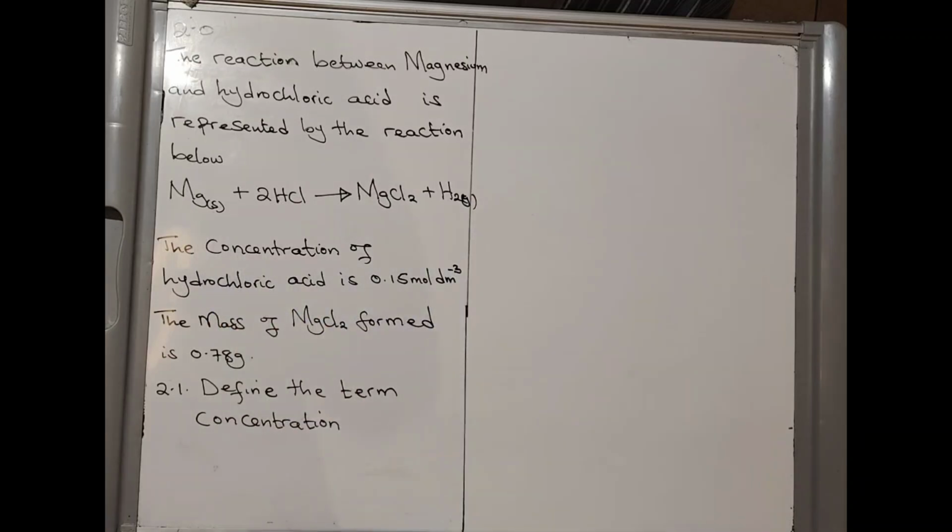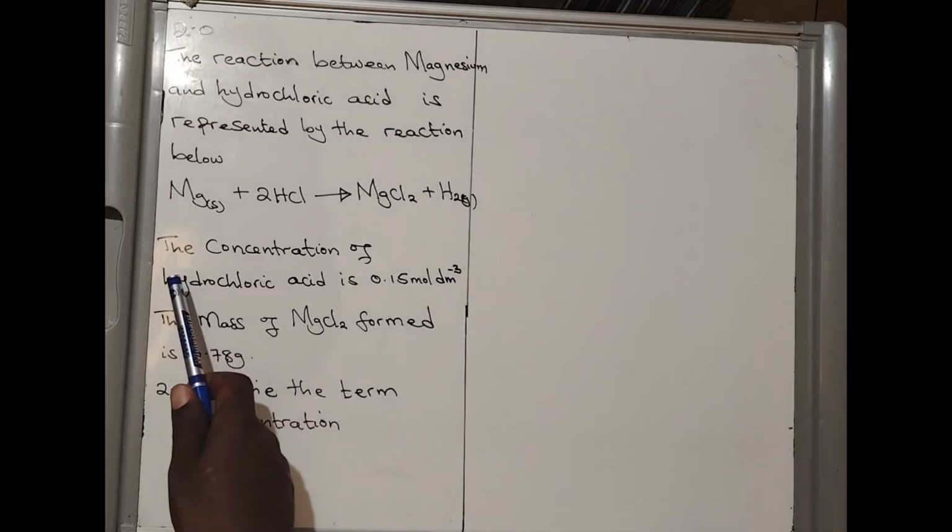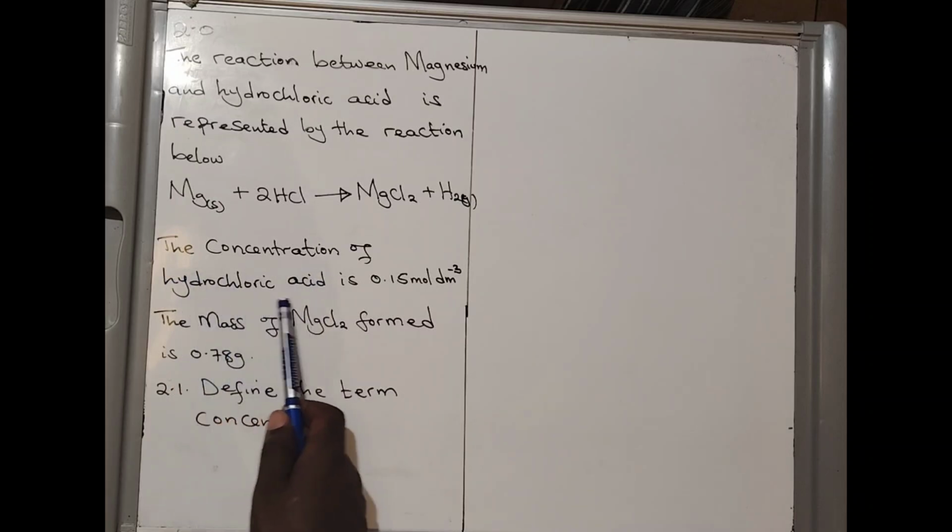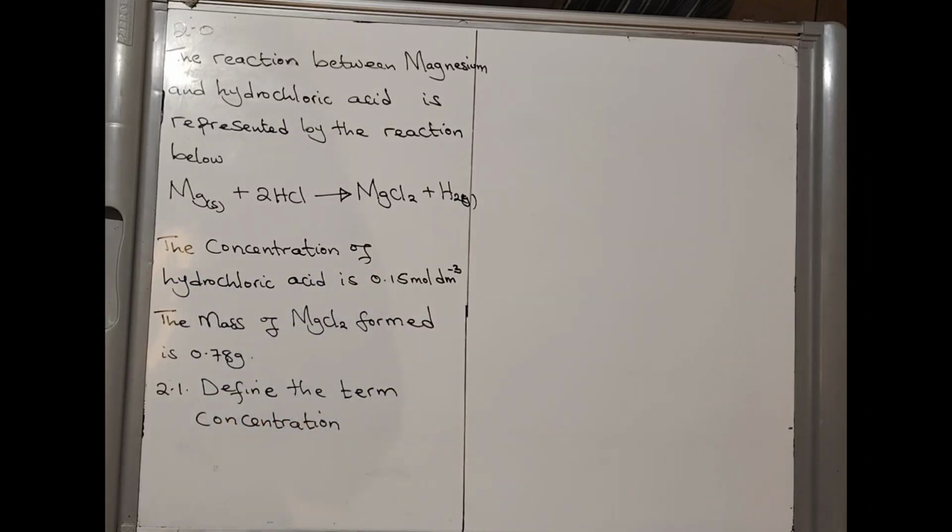So this is the equation. And the concentration of hydrochloric acid is given. The mass of magnesium chloride formed is given. The question says, define the term concentration.